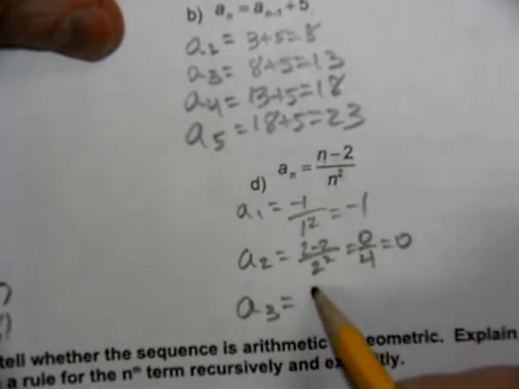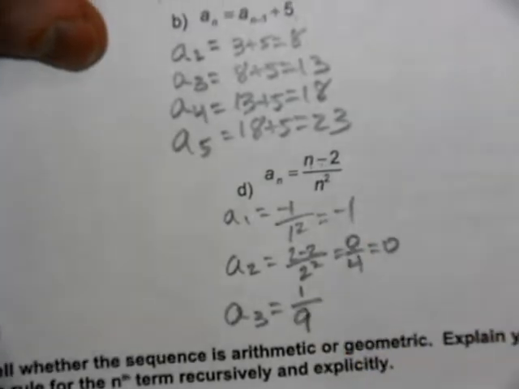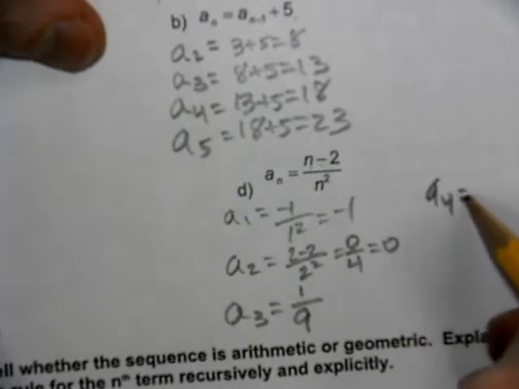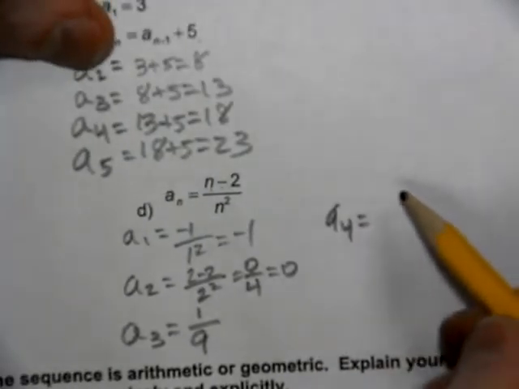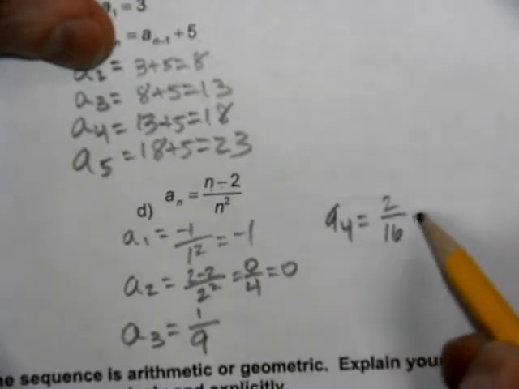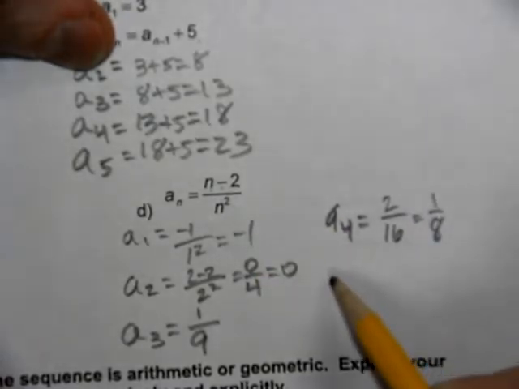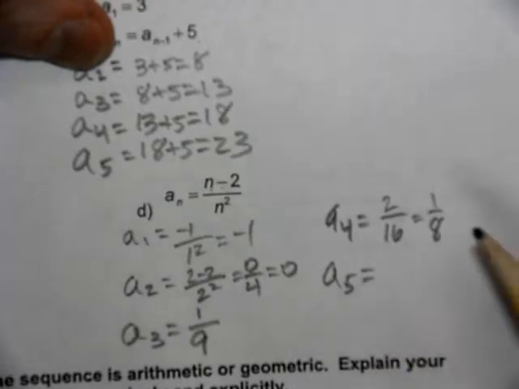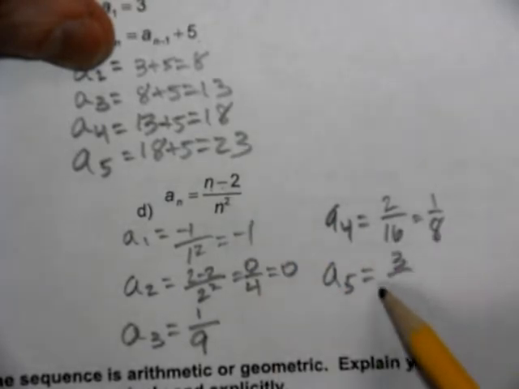Plug in a 3, we're going to get 3 minus 1, which is 1, over 3 squared, which is 1/9. 4 minus 2, which is 2, and 4 squared is 16, so that's 1/8. 3 over 25.